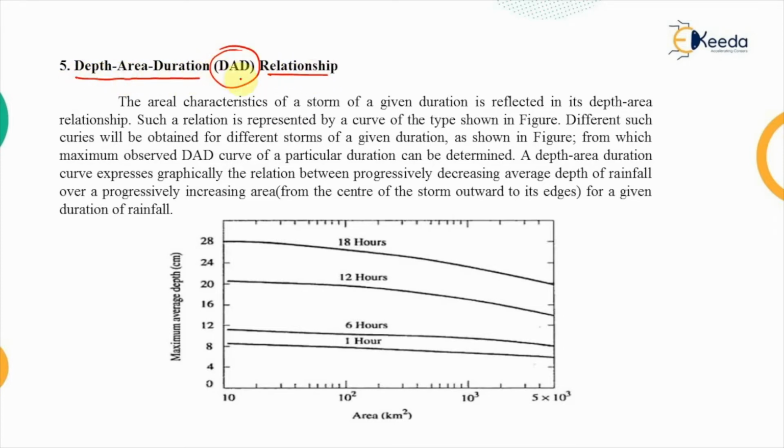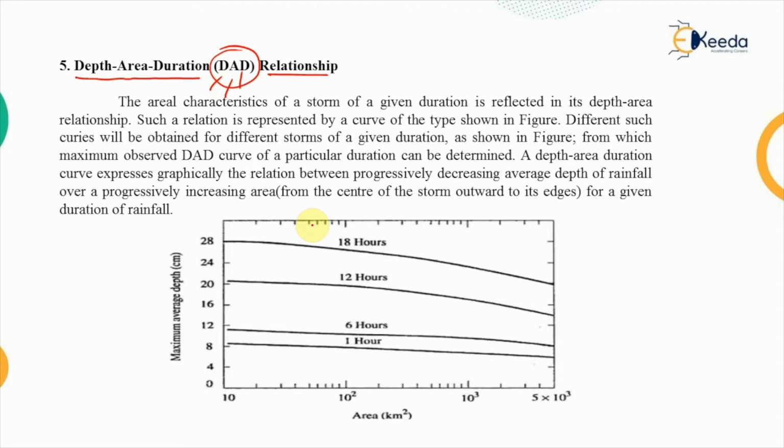Now the areal characteristic of a storm of a given duration is reflected by this depth area duration relationship. Such a relationship is shown in the figure which is attached here. Now different such curves will be obtained for the different storms of a given duration as shown in the figure.